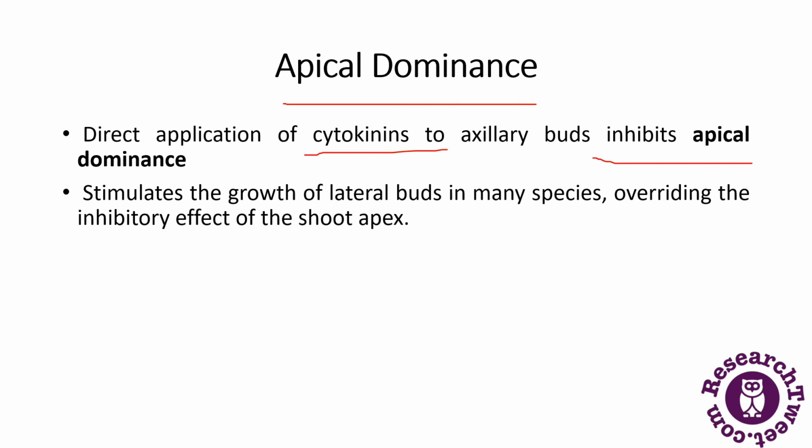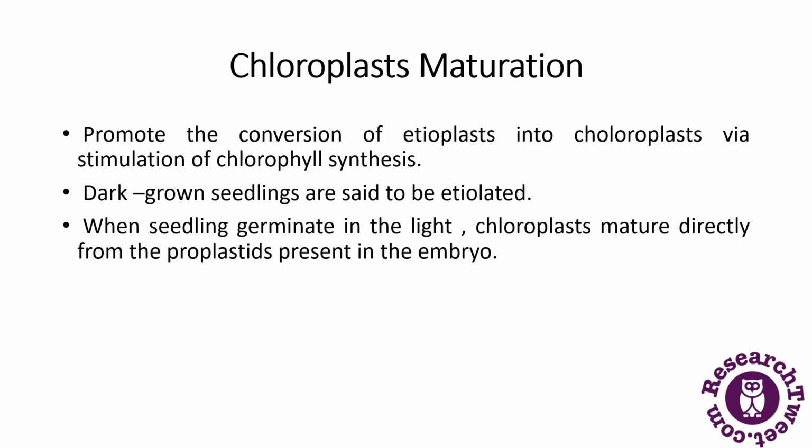Next we will be talking about chloroplast maturation. It basically promotes the conversion of etioplast into chloroplast via the stimulation of chlorophyll synthesis. Dark-grown seedlings are said to be etiolated. The internodes of etiolated seedlings are more elongated and chloroplasts do not mature.